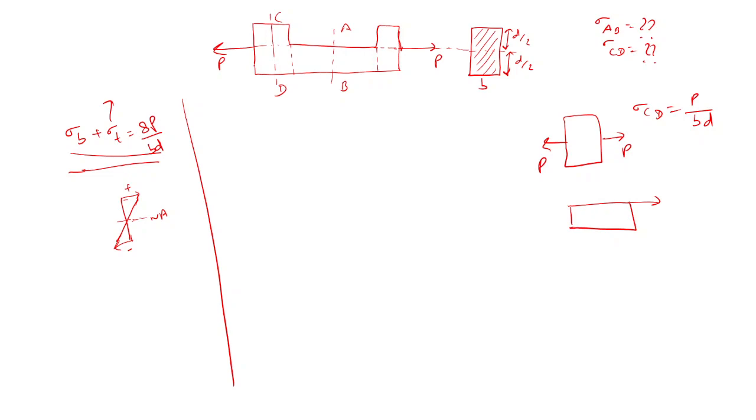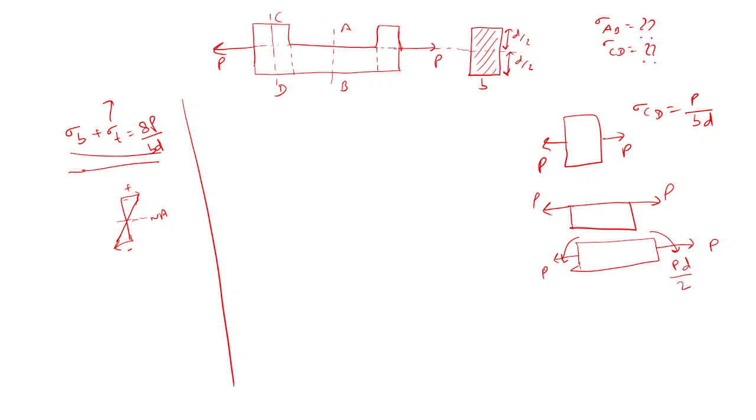Now coming to this part, first the stress is this way, P, P. Now we have to move this load to the center part, so we'll do that. P, and a moment will come, and the value of the moment would be P into D by 2.